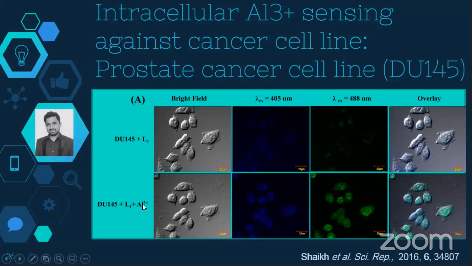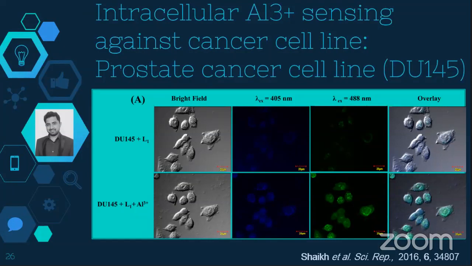As soon as we added aluminum, there is a tremendous glow in the fluorescence in case of 405, that is blue, as well as 488, that is green region. You can see the overlay of both, extremely fluorescent in both cases.